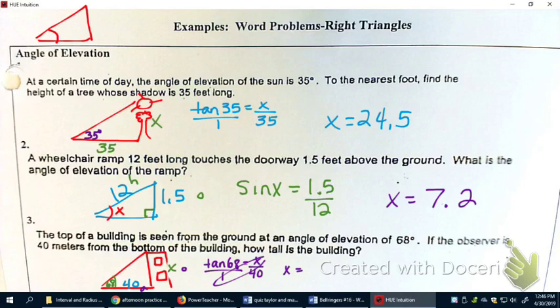Jennifer, what did you get for the answer? 95. Good job. Any questions about 1, 2, or 3?